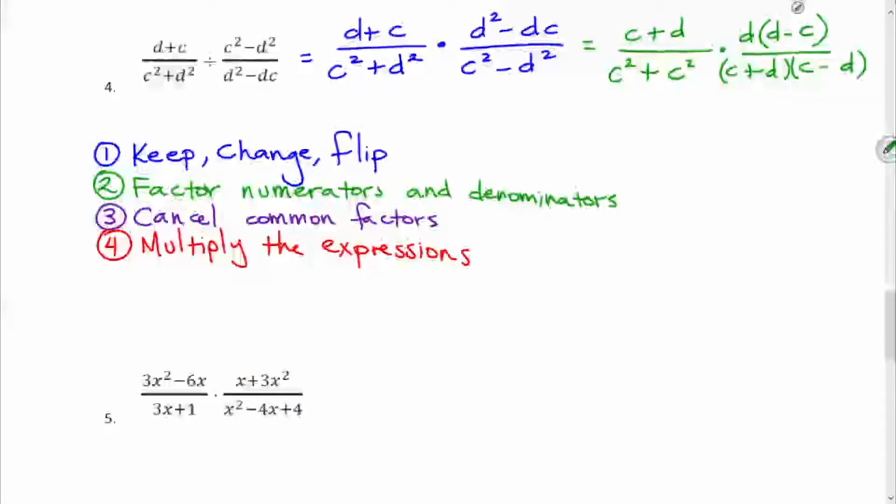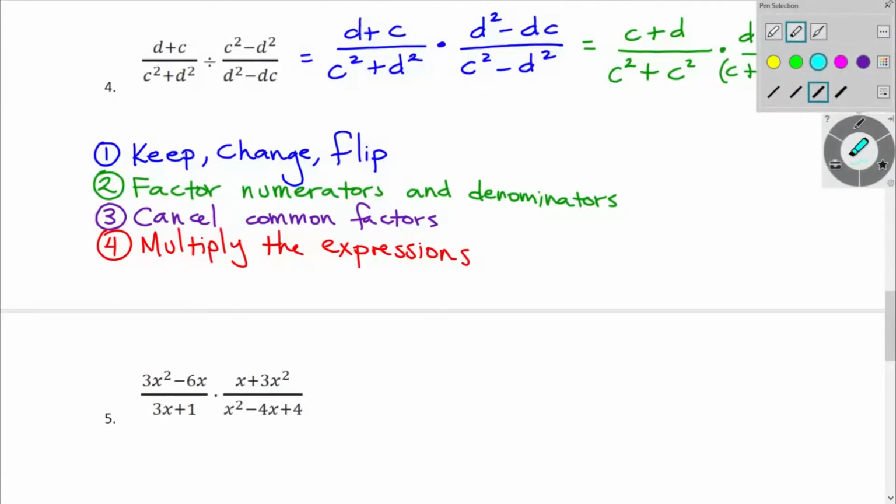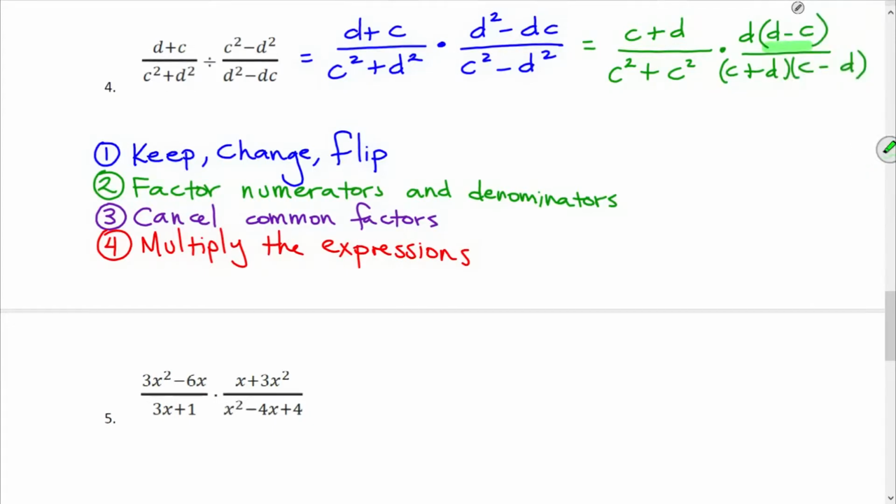Okay, now there's one more piece that I'm going to do that we saw a little bit earlier, having to do with this sign right here. This term, this factor, is in kind of a different order than I want to see it.